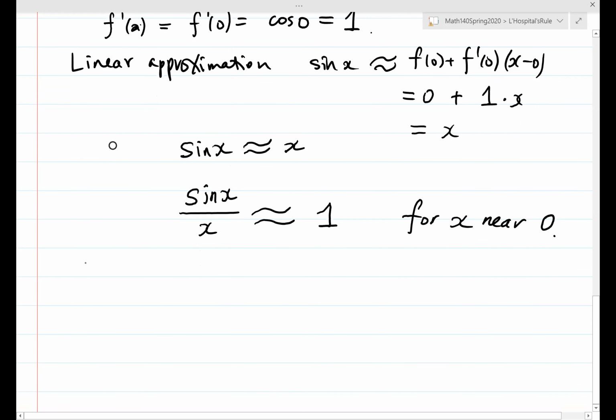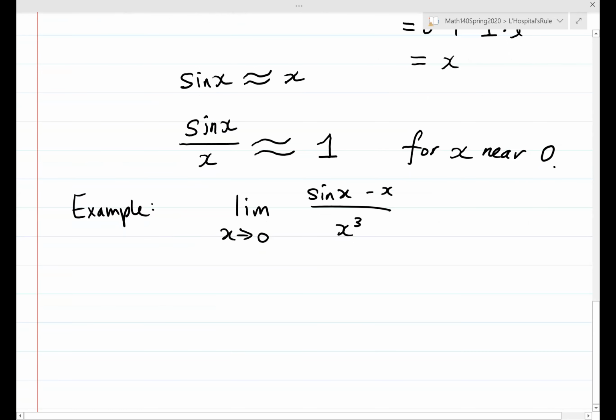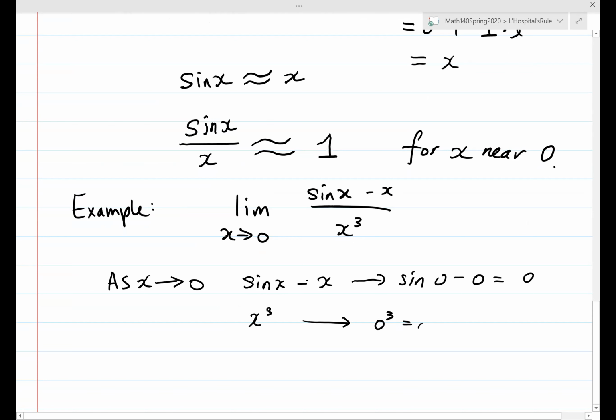So for this example, find the limit as x approaches 0 of (sine x minus x) over x cubed. First check that we can apply L'Hopital's rule. As x approaches 0, sine x minus x approaches sine 0 minus 0, which is 0, and x cubed approaches 0 cubed, which is 0.